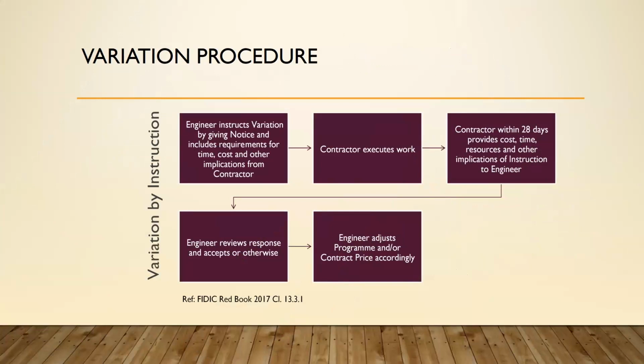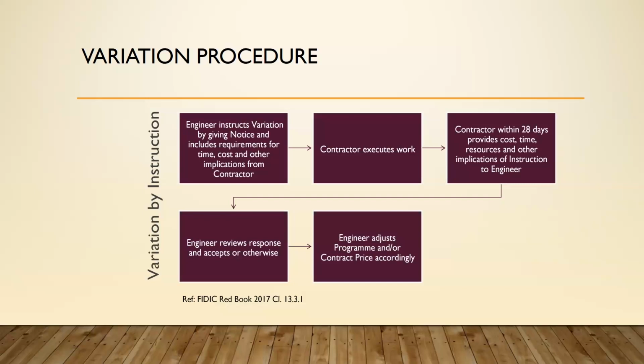And this flow has to do with the instruction, where the engineer instructs variation by giving notice, and then the contractor executes work, where the contractor is given 28 days to provide cost, time, resources, and other implications of the instruction to the engineer.